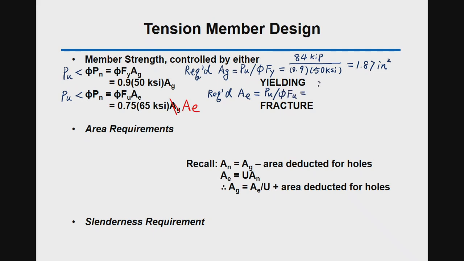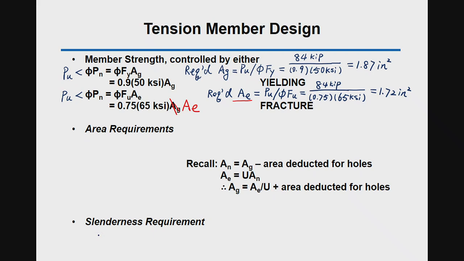So PU is still 84 kips divided by phi, which is 0.75, times 65 ksi, which equals 1.72 square inches. Remember that is the required AE, not AG yet. So we need AG to size the member.